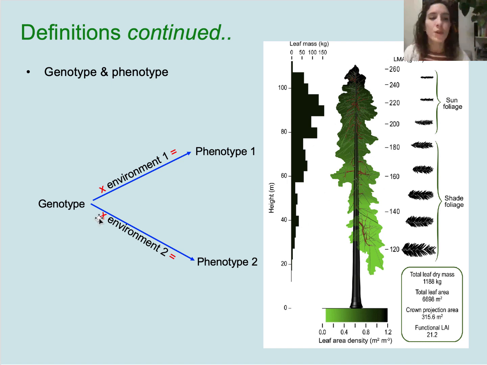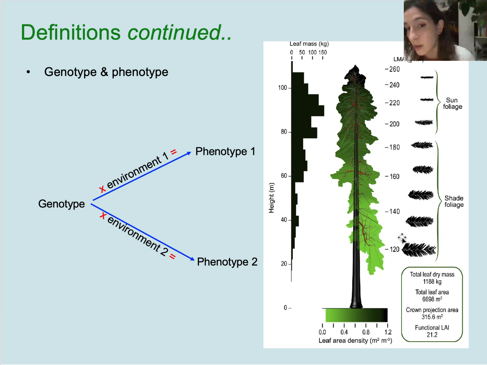And so even though this is one individual redwood tree, with in theory one genome, the genes in its genotype are being expressed differently. At the very top of the tree, there are much smaller leaves. We call these sun leaves at the tops of redwoods. And at the bottom of the tree, where maybe they are in need of more light, the leaves are much broader.